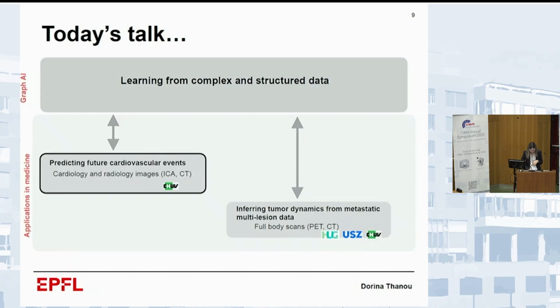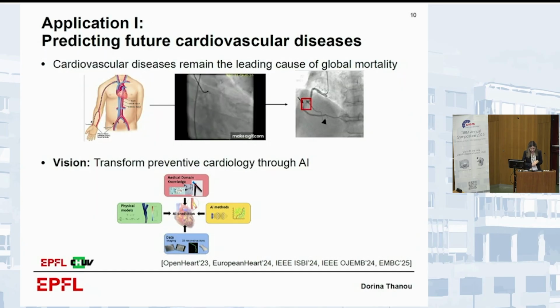So let's start with the cardiovascular disease part. The first application is about predicting future cardiovascular disease. Whenever someone goes in with some symptoms, what they will do in clinics is coronary angiography. It's an invasive procedure in which you get X-ray images, in which you can see the geometry of the anatomy.